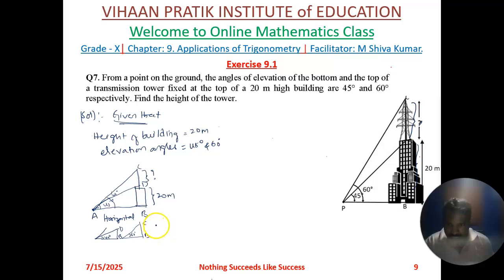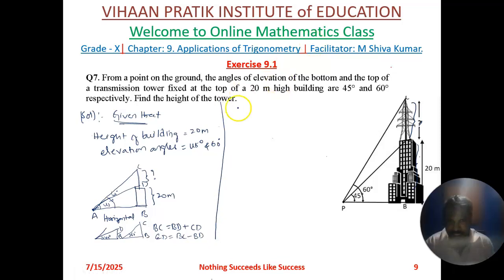The total height BC equals the height of the building BD, which is given, plus CD, the height of the tower. So CD equals BC minus BD. We need to find out only BC. Once BC is found, we subtract BD from BC and get CD, the height of the tower. This is our analysis.